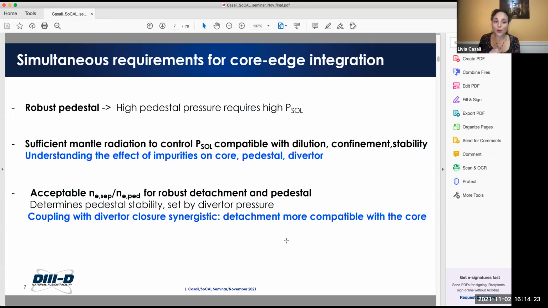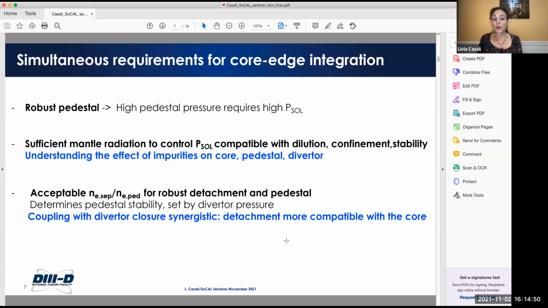And so we have to understand the effect of impurities on the core, on the pedestal, and on the divertor. Additionally, we need to make sure that we have an acceptable n_e,sep to n_e,ped ratio for robust detachment and pedestal. This determines the pedestal stability, but is also set by the divertor pressure.